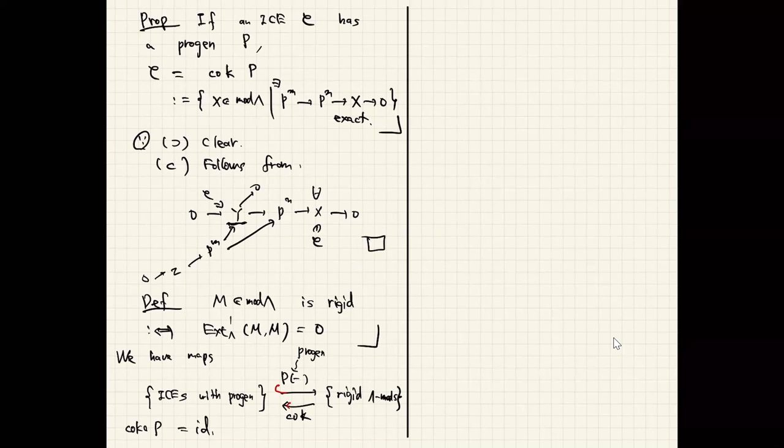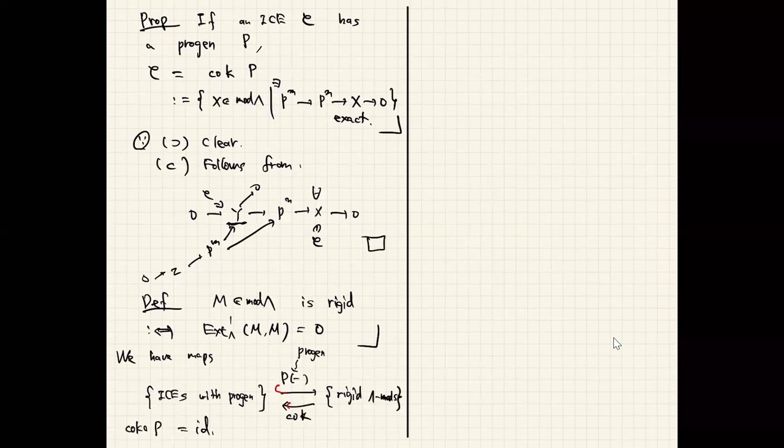So if we can characterize the image of this map, then we can establish a bijection between nice Ice-closed subcategories and nice rigid modules. And this is the main result of today's talk.